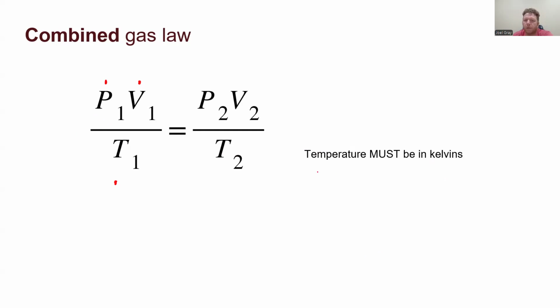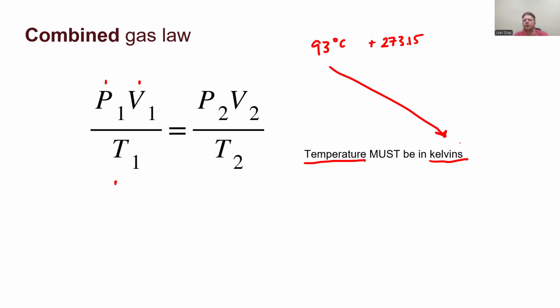One important point is that the temperature must be measured in kelvins. If you remember from early on this semester, we talked about adjustments for temperature. So to convert 93 degrees Celsius to kelvins, we have to add 273.15.